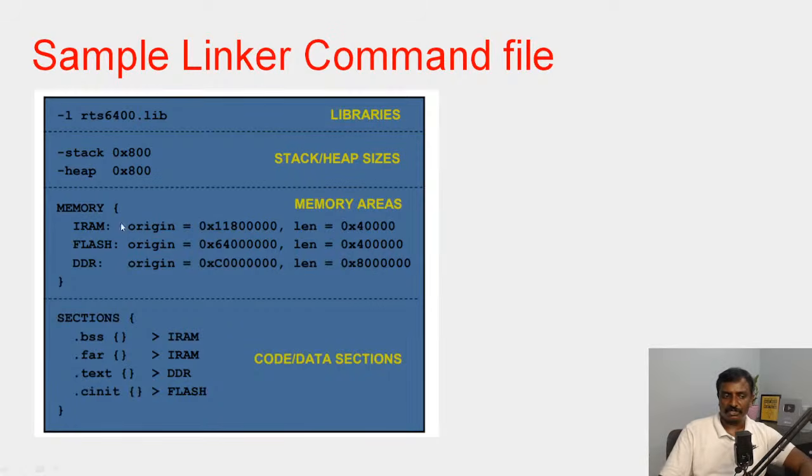You go to the memory map and find the starting address and the length of the flash memory and DDR. The length depends upon the type of DDR you use; sometimes 4 GB, sometimes 8 GB, so you have to edit this length. You also have to allocate the sections to memory, for example .bss sections to IRAM.